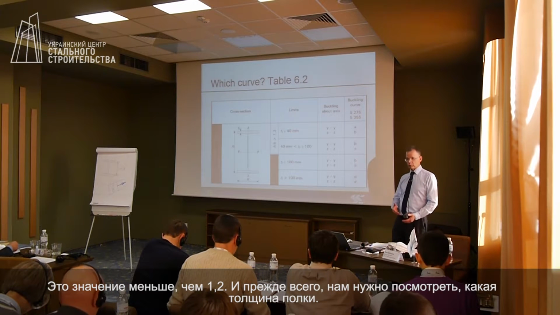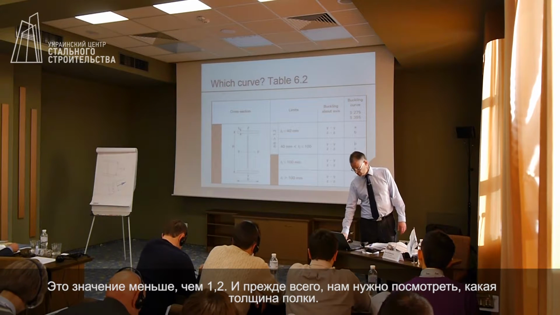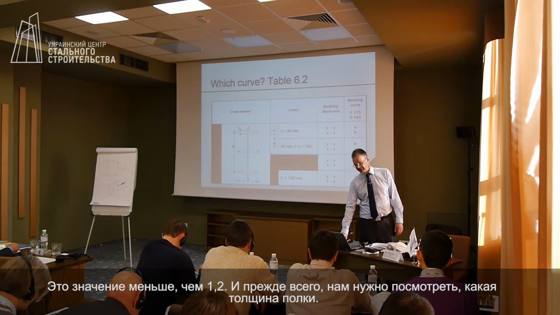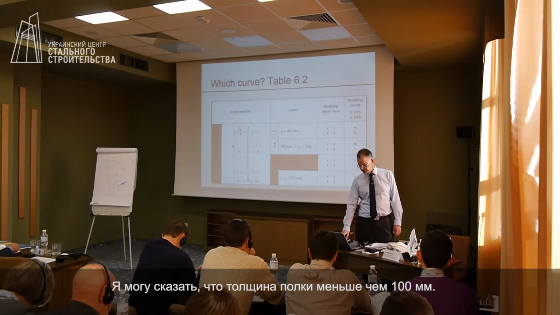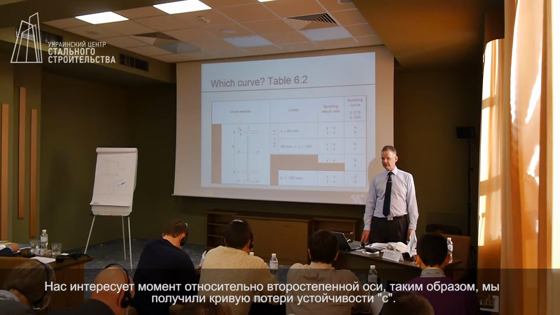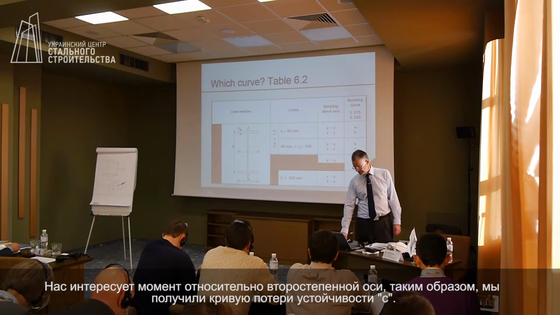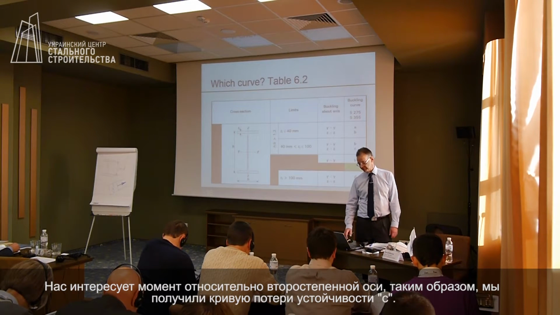We are less than 1.2. First of all, how thick is the flange? Well, I can tell you it's less than 100 millimetres thick. And we're interested for the moment in the minor axis. So we are on curve C. It's very straightforward.